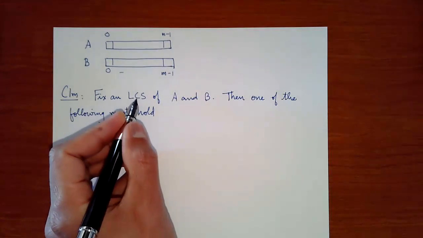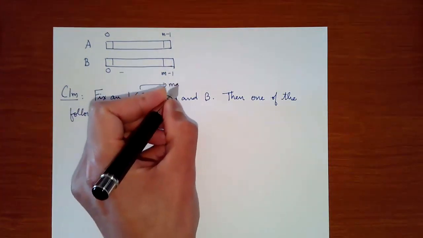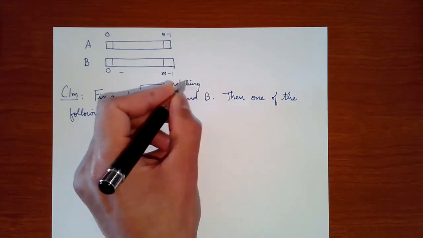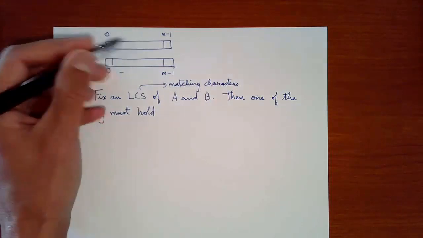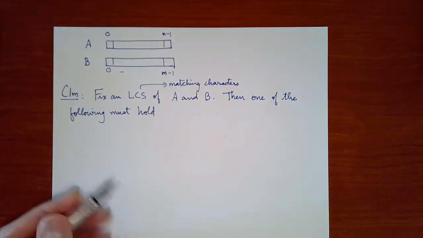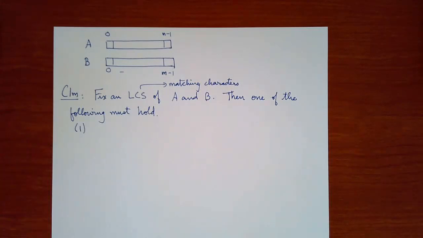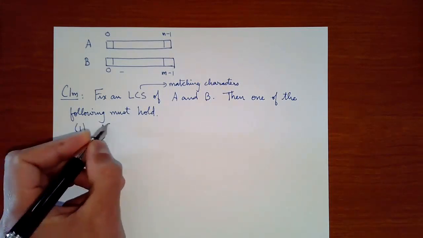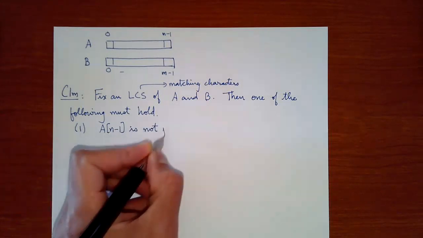We'll think of an LCS as basically matching characters, so we can say who is matched to whom in an LCS. So we can say that A of n minus 1 is not part of the LCS.